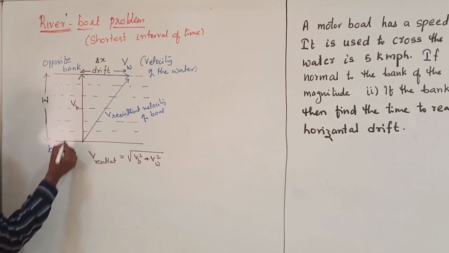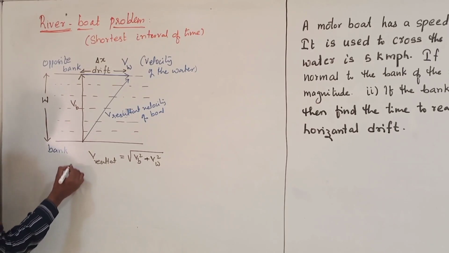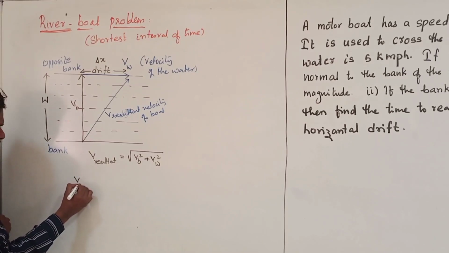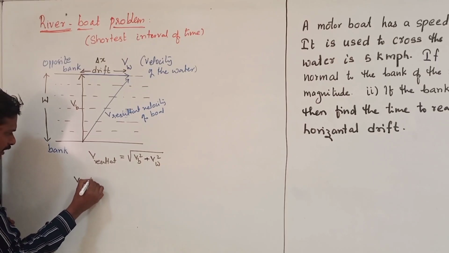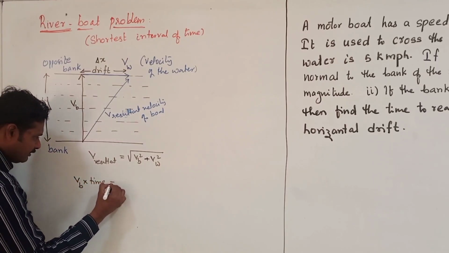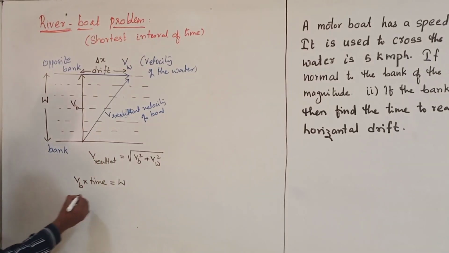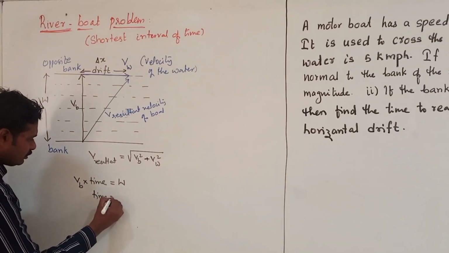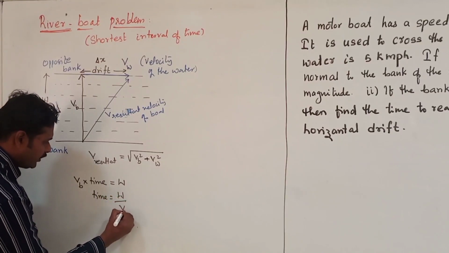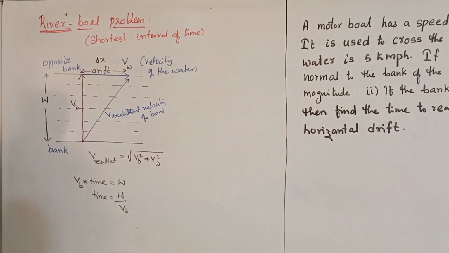VB, the velocity, into time is equal to W. Now time t is equal to W by VB, the velocity of the boat.